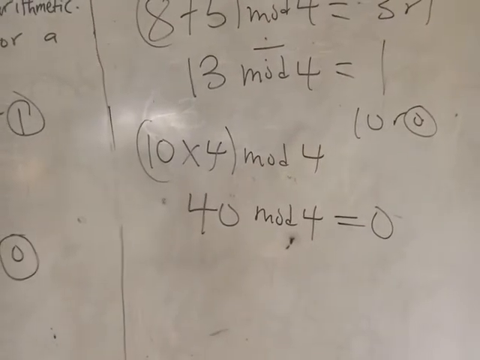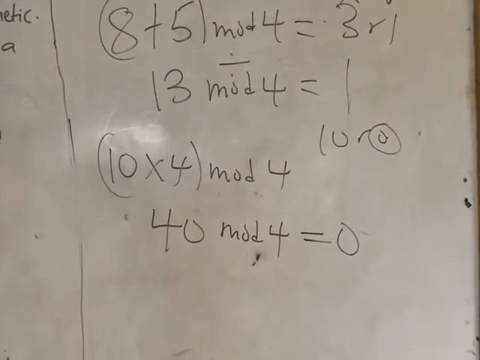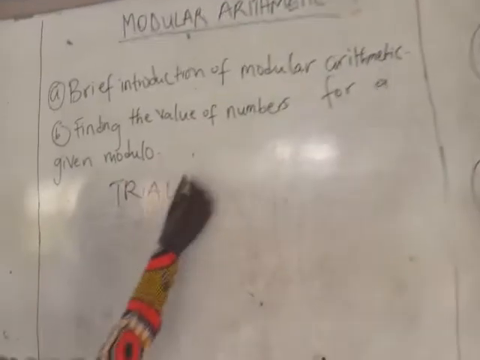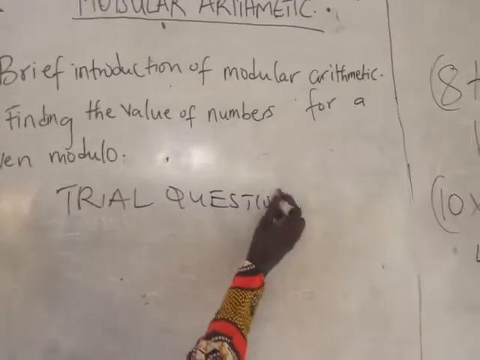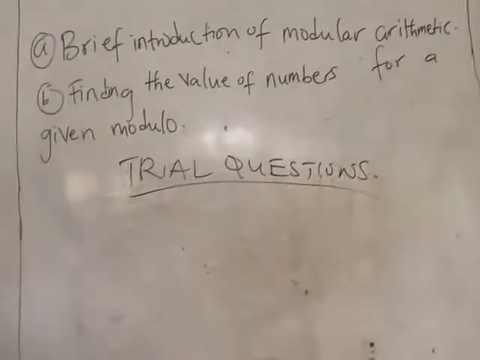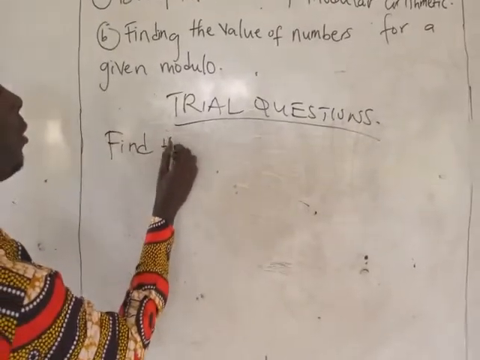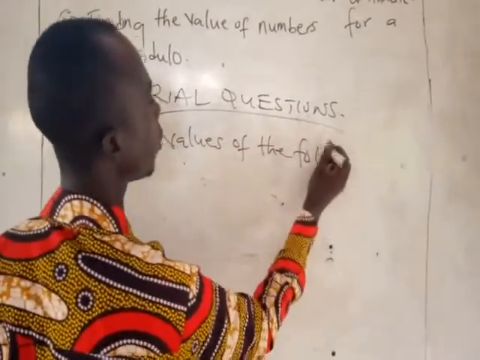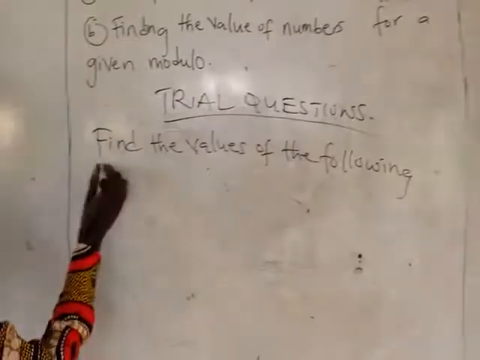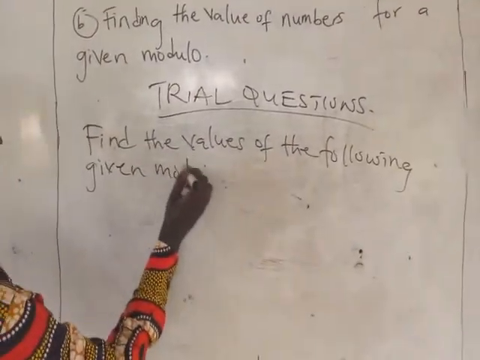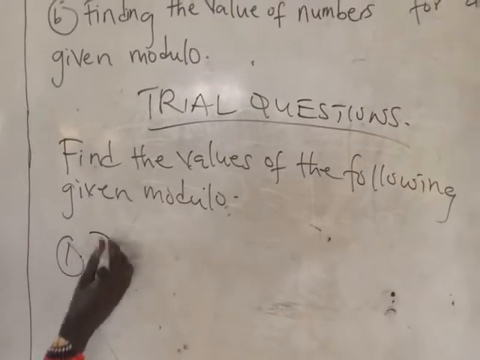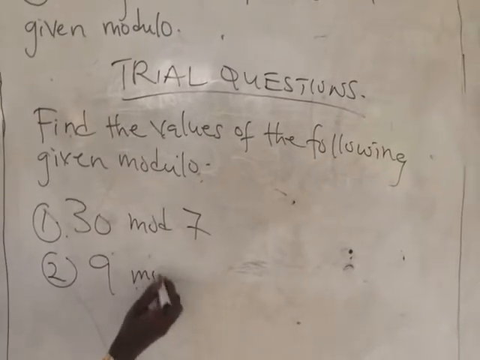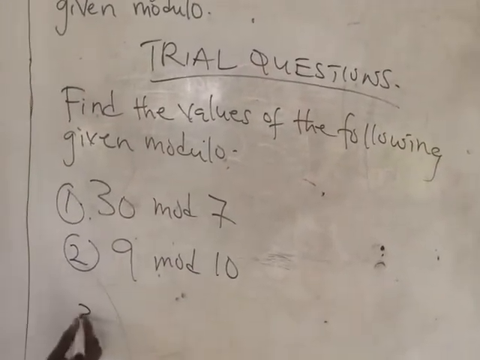So let me give you these trial questions so that you try your hands on them. Find the values of the following given modulo. 1. 30 mod 7. 2. 9 mod 10. 3.